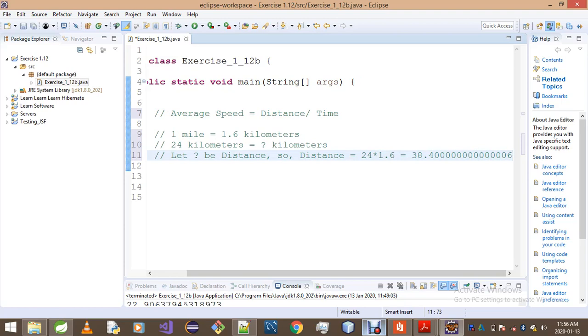Now that we're done with the distance, what we gotta do now is simply convert our time.